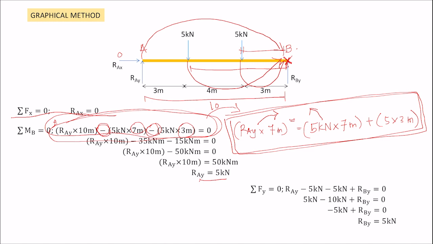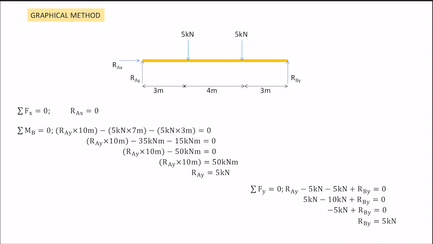Next, we're going to calculate for the force equation because we have another one, the unknown here, which is RBY. Total force vertically is 0. You have one force going up, RAY, one force going down, 5 kilonewton negative, minus 5 kilonewton negative, since dia turun bawah, and plus RBY is going up.